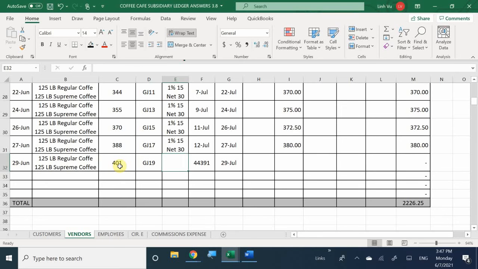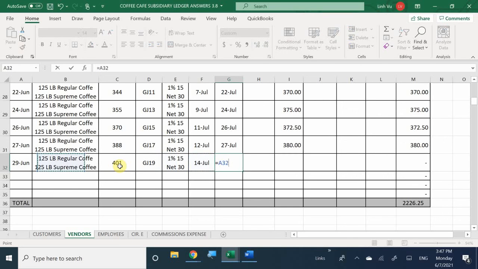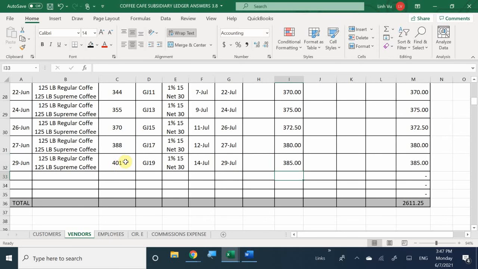The terms they have given us is 1/15 net 30. The 14th of July for a discount date. 29th of July for a due date. Invoice amount of 385, which brings our current balance that we owe them to $2,611.25.